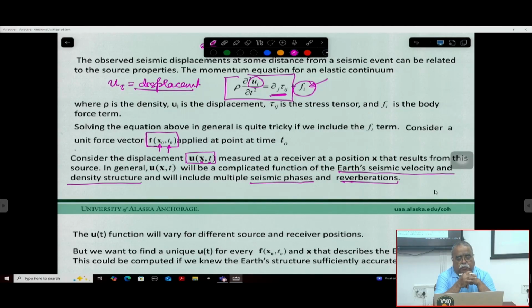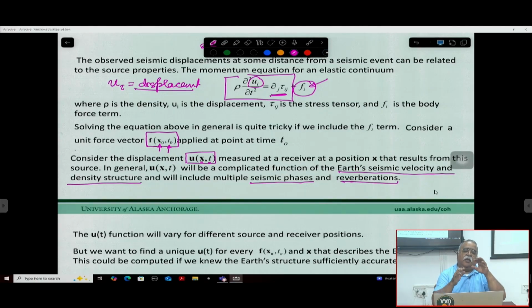So you will be getting some sort of a P wave arrival, that displacement, S wave arrival, that displacement, any other wave phases, that displacement. We need to calculate all the displacements in order to find out what will be the recorded displacement at the recording station. Is it clear? This concept, the mathematical model, is clear.